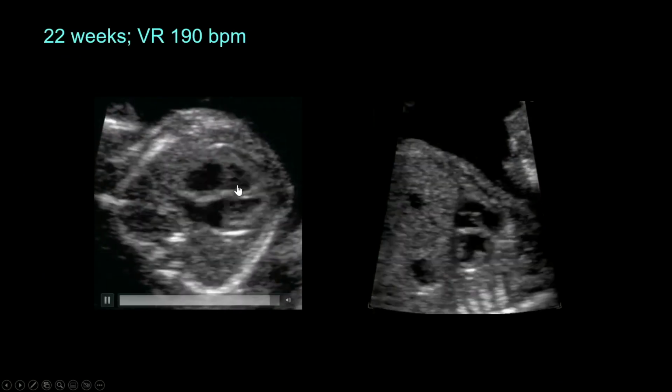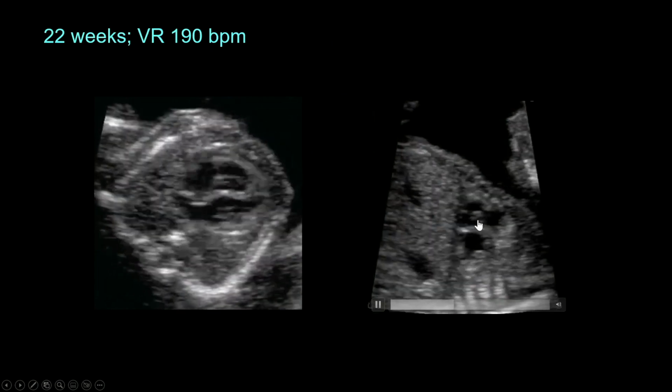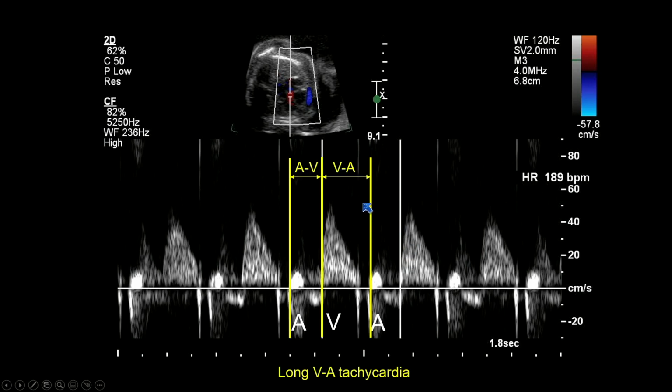Here is an example of one that is not very fast, 190 beats per minute, and otherwise a normal heart. If you look at the AV and VA durations, you see the VA interval is much longer. So from the onset of the ventricular forward flow, the onset of the atrial contraction is much longer than the AV interval. So, typical long VA tachycardia.